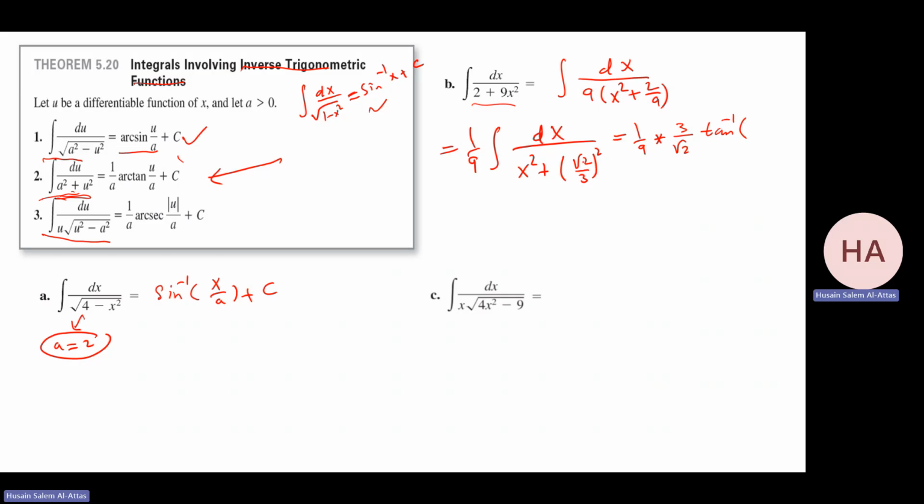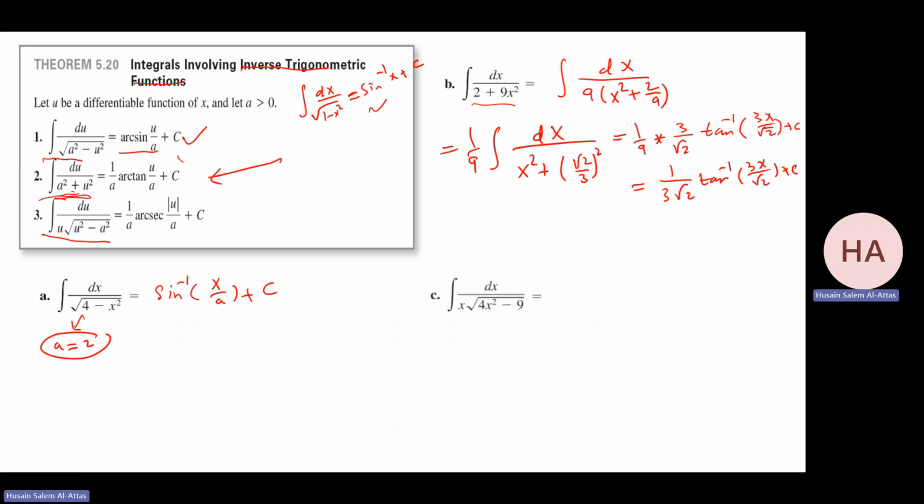This is what? u over a. u is x, and a is square root of 2 over 3, so it will be 3x over square root of 2. So the answer is 1 over 3 square root of 2, tan inverse of 3x over square root of 2, plus c. Okay.